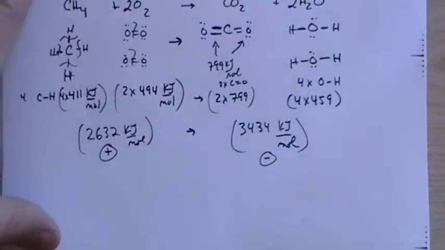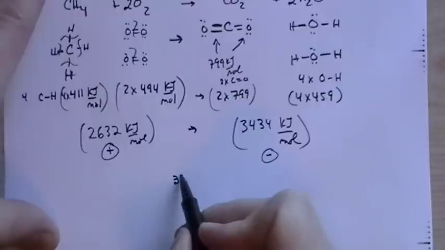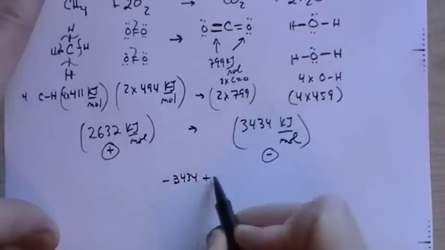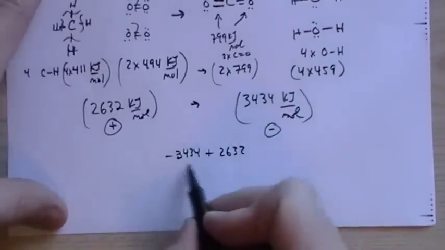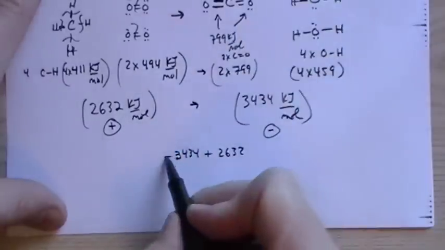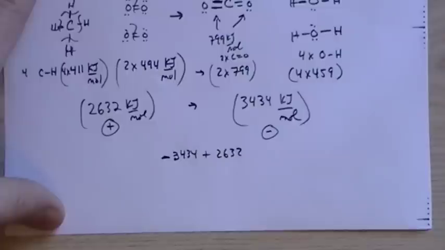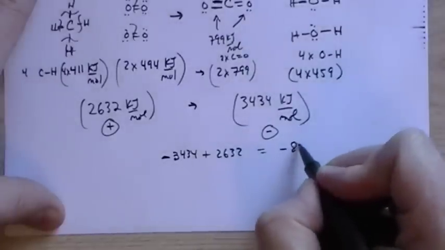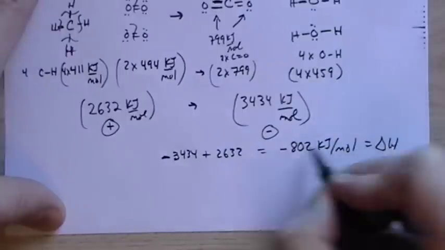So if we want to determine what the enthalpy is, we take the 3,434 minus the 2,632. This is the energy that was released, so it went out of the system, that's negative. To break these bonds, it was positive, so 3,434 minus 2,632. And this comes up to be minus 802 kilojoules per mole. And that's our delta H.